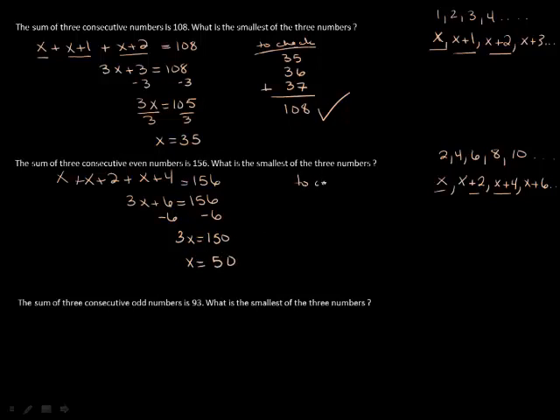Again, I can check this. We're talking about even numbers, so I'd have 52, 54, and 56. And when I add those together, I should get 156. I don't think I did that right. That's 162.